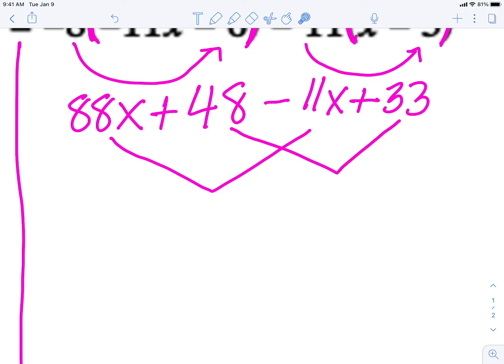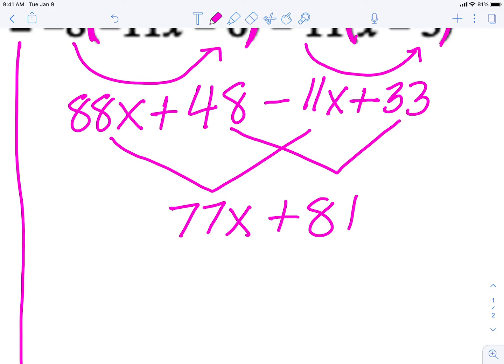So first I'm going to do this arrow first. 88x minus 11x is 77x. And now I do the second like term. 48 plus 33 is 81. Right, positive 81, positive 81.